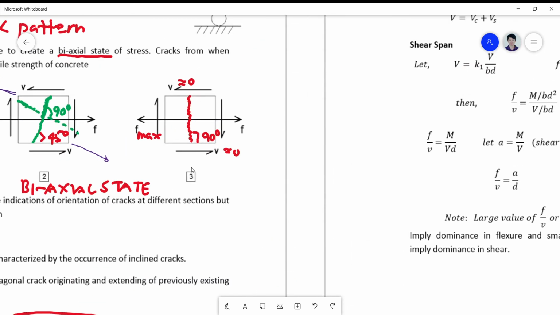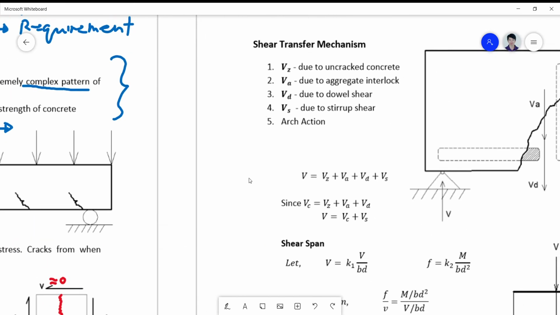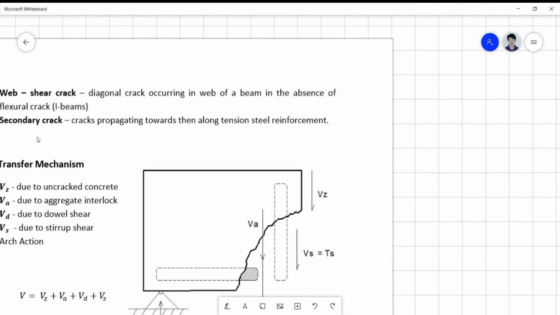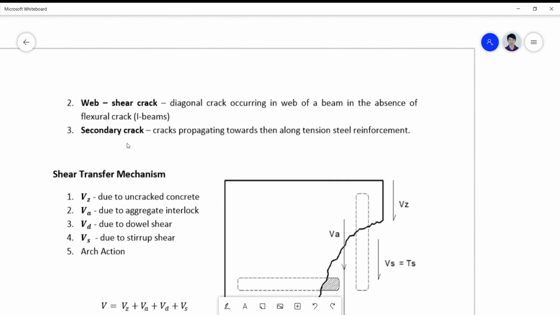Okay, for your web shear crack pattern, from the word itself, there are no flexural cracks in the beams. And these are very evident on I-beams.